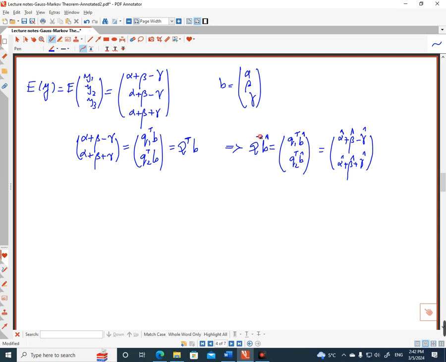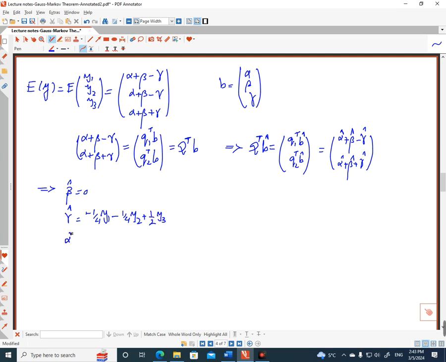If we solve such linear equations, we can then conclude that beta hat is equal to 0, for instance. Gamma hat is equal to minus 1/4 y1, minus 1/4 y2, and then half y3.